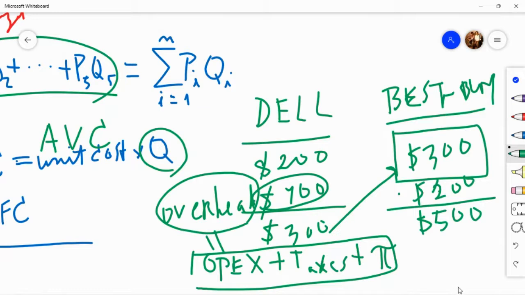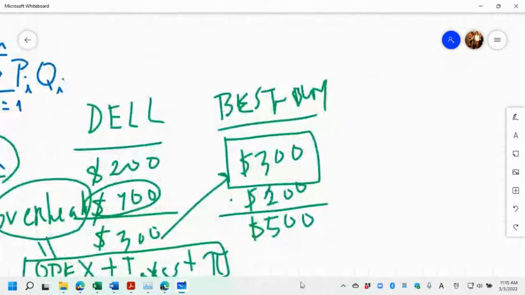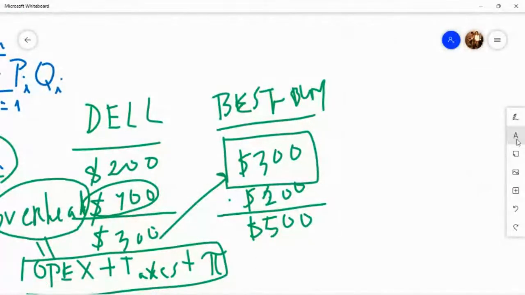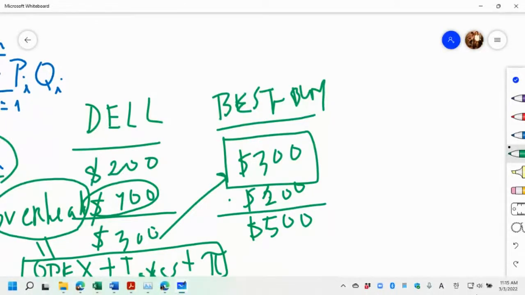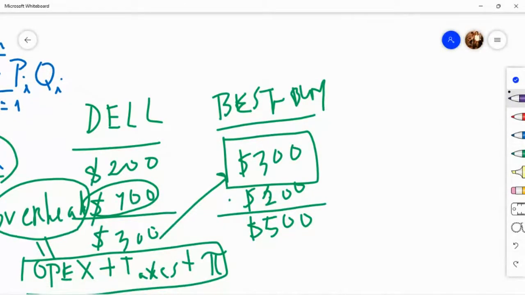Then think about it. In this example, 300 is Best Buy's cost, right?